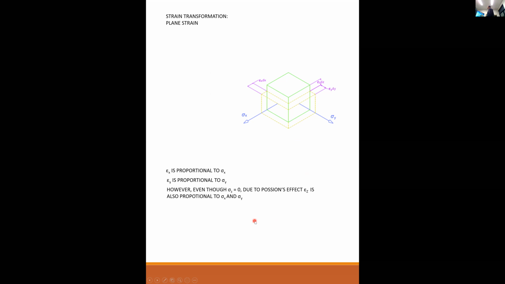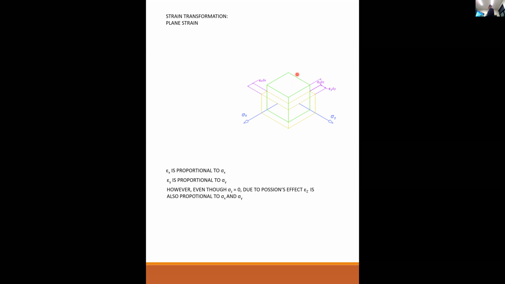However, even though in this illustration sigma z is equal to 0, I have no stress pointing up and down on this element, remember Poisson's effect? If you stretch something out, the diameter gets smaller. If you compress something, the diameter gets bigger.